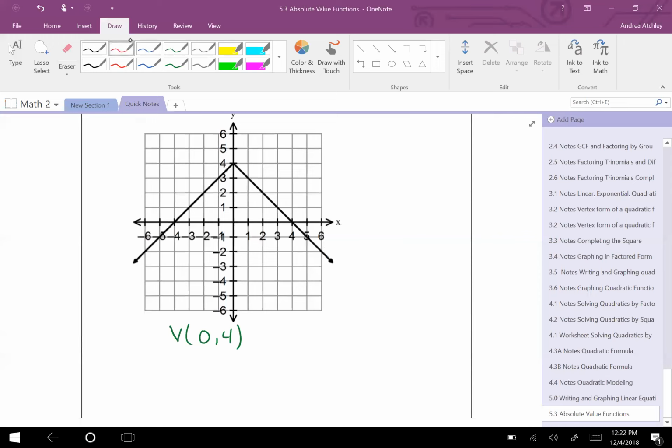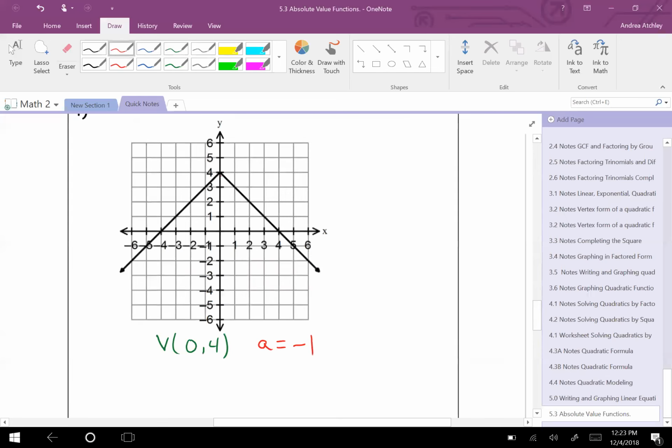Everyone find the slope or the a value. Lonnie, what's the slope? Close. -1. It's facing down, so it's negative. You're going down 1 and to the right 1, so -1.